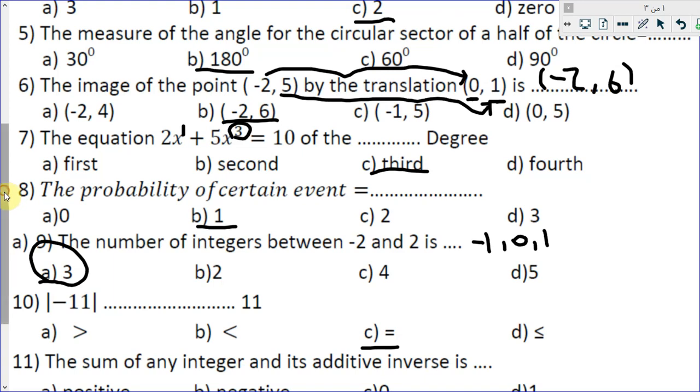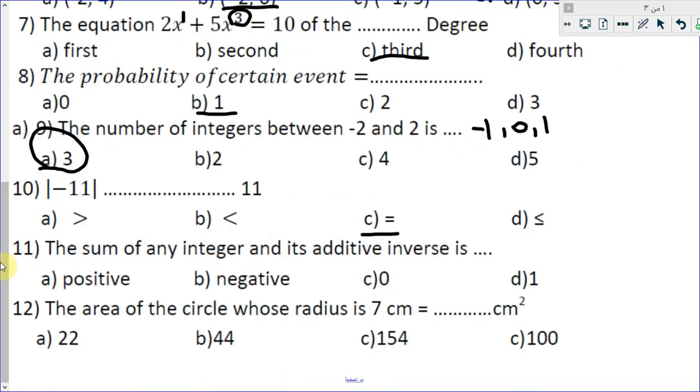Okay. The sum of any integer and its additive inverse: any number and its additive inverse, the sum of them equals 0. I will give you an example like 2. This is an integer.